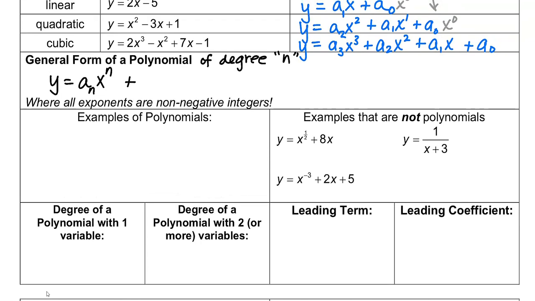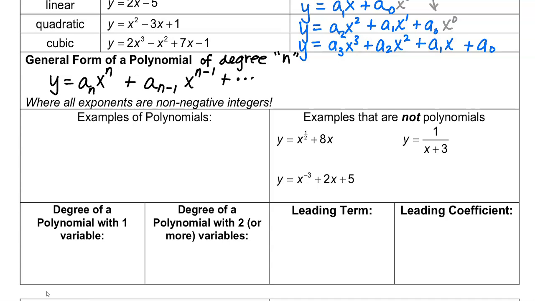Didn't we just subtract 1 every time? So this was 3 and 3, this was 2 and 2, this was 1 and 1, this was 0 and 0, right? So if it's a sub n x to the n, then what would the next term be? A sub n minus 1 x to the n minus 1, plus.